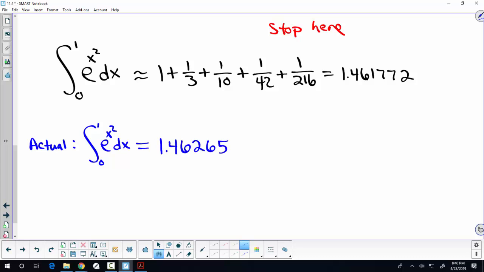And I just chose to stop there. We could get more levels of accuracy if we wanted to. So see, the error in our approximation lies in the third decimal place.